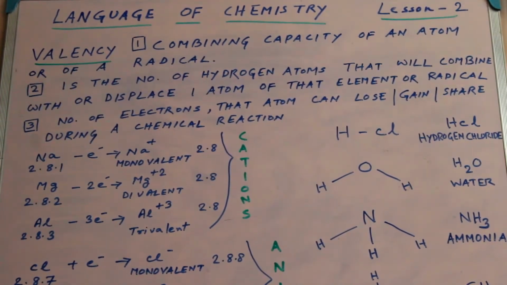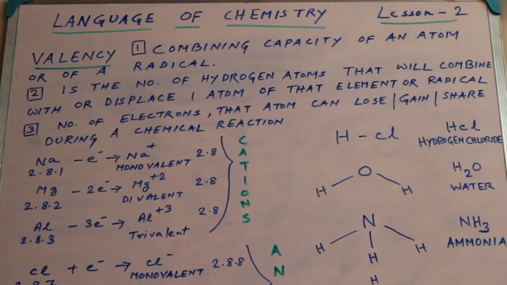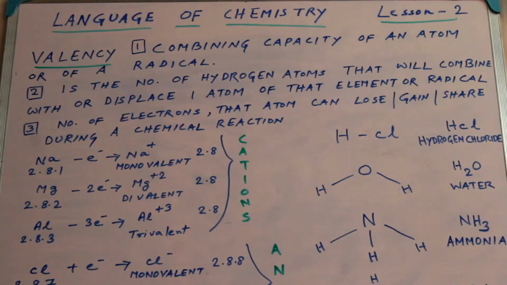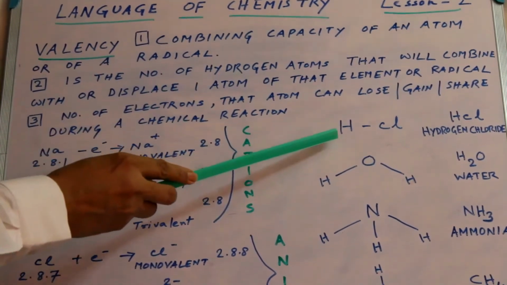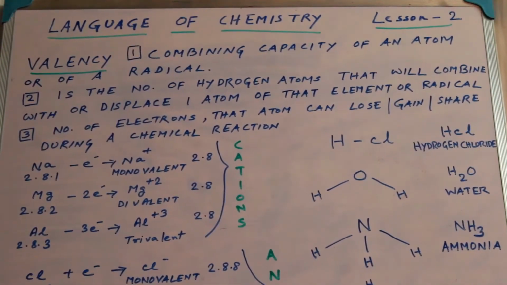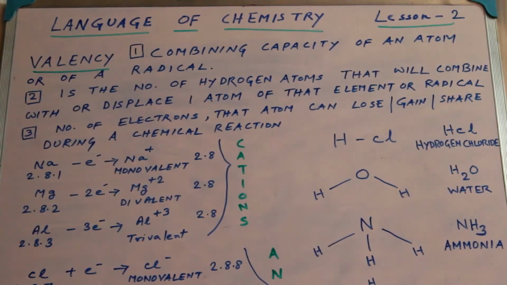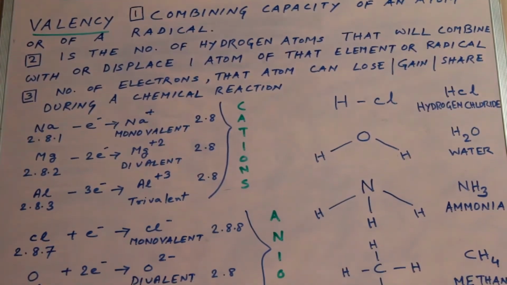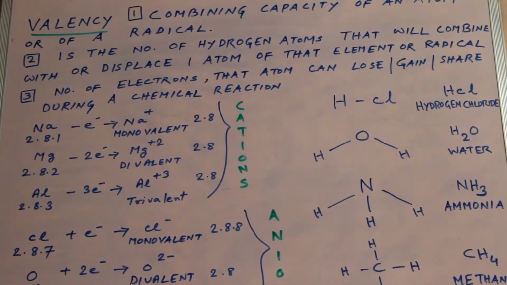Definition number 2, it is the number of hydrogen atoms that will combine with or displace one atom of that element or radical. For example, hydrogen chloride, that means HCl. Now, one atom of hydrogen combines with one atom of chlorine, so the valency of chlorine is 1. Here in water, one atom of oxygen combines with 2 atoms of hydrogen, so the valency of oxygen is 2.